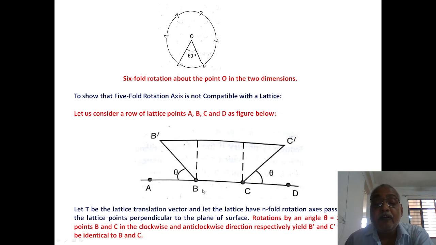B को clockwise घुमाओ, C को anti-clockwise घुमाओ. It will yield B prime and C prime, which must be identical to points B and C. तभी तो ये सिमेट्री ऑपरेशन वैलिड होगा.